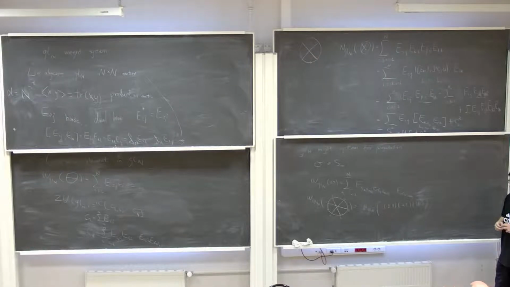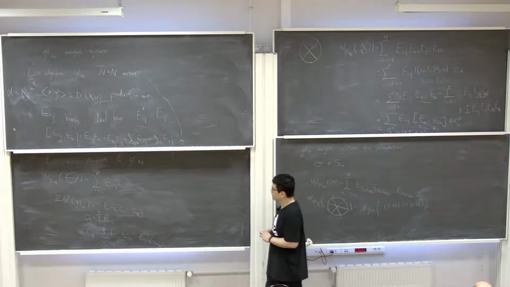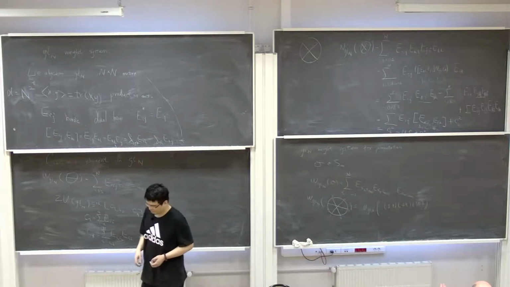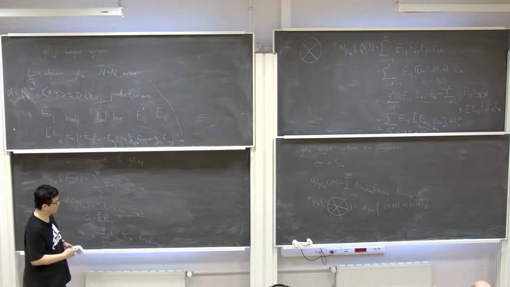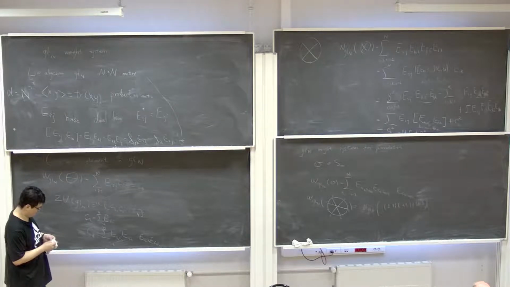We know how to define the GLN for a permutation, and we are able to take the value of GLN on this permutation. And of course, the permutation depends generically on the choice of the cut point, but the result is independent of the choice.